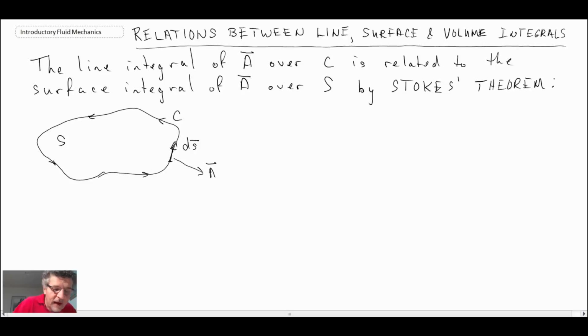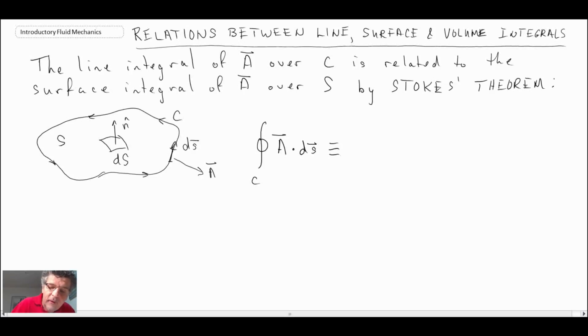This surface S, we also have defined some differential element, and there is a unit normal vector, and the scalar value of the area is differential element d capital S. So through Stokes' theorem, what it enables us to do is relate a line integral around that surface. We might be evaluating A dot ds, and that's a little s in this.